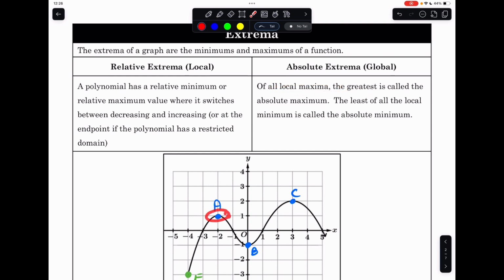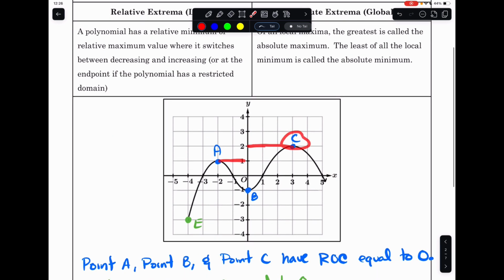I know that my local maximums are located at A and C. And C has a higher y value than A. And since there's no other point that's going to be higher than C, because this point over here is down here, and this arrow will indicate that the graph is going to continue moving down. So this end continues moving down. There's not going to be a higher point than C.